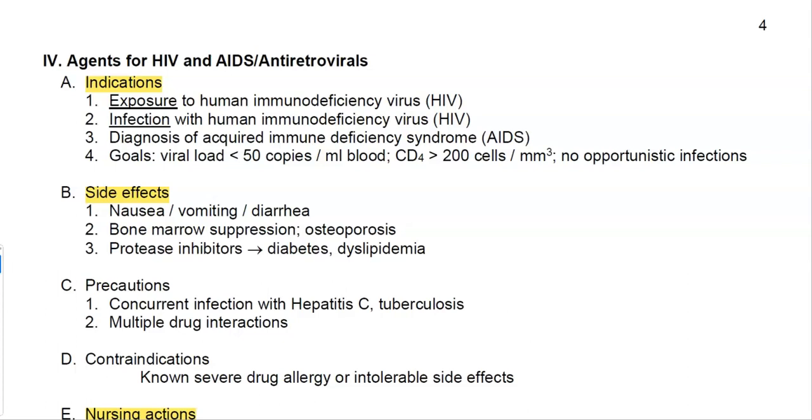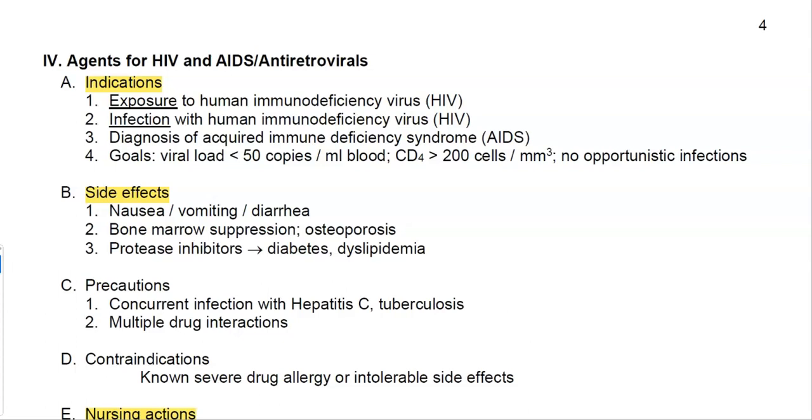Side effects of these medications can include nausea, vomiting, diarrhea, but something to remember is that because these are antivirals, they can suppress the immune system and the bone marrow. So this medication does suppress the bone marrow and it can lead to osteoporosis. In addition, the protease inhibitors can actually cause diabetes and dyslipidemia.